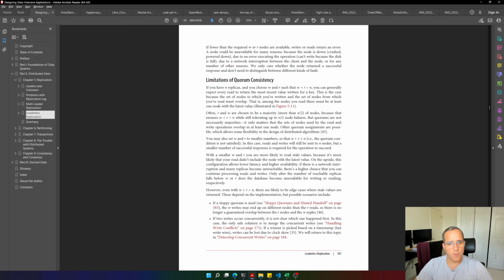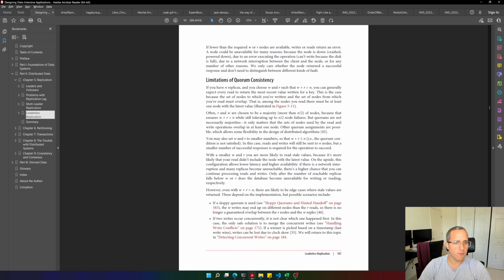With a smaller w and r, you are more likely to read stale values, because it's more likely that your read didn't include the node with the latest value. On the upside, this configuration allows lower latency and higher availability. If there is a network interruption and many replicas become unreachable, there is a higher chance that you can continue processing reads and writes.